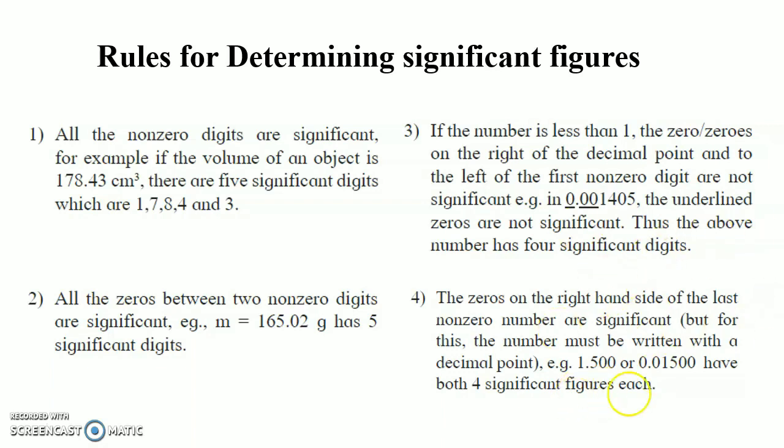And the fourth rule is that if the zeros are on the right hand side of other digits, then they have to be considered as significant digits. All of these 4 rules have to be kept in mind while determining the number of significant figures.